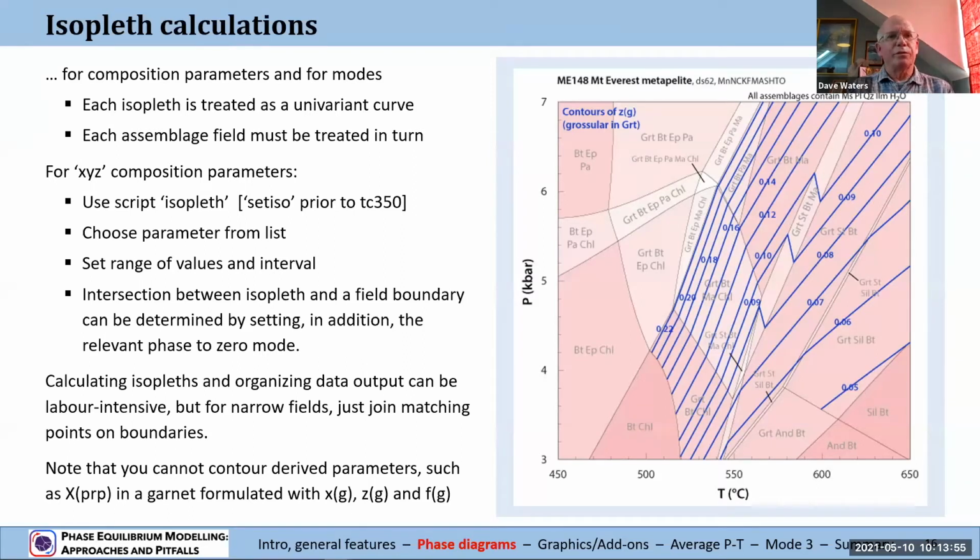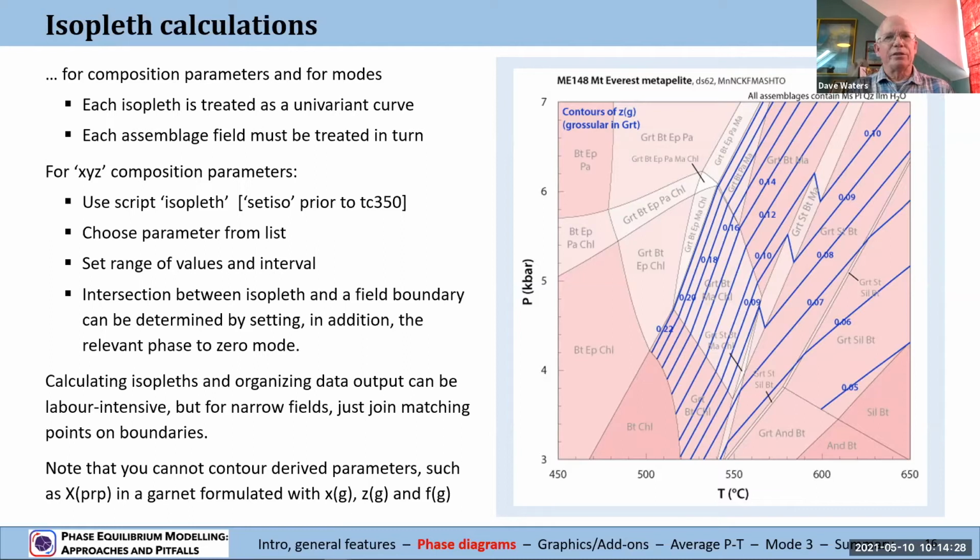Having set that with a script that in the latest versions is called isopleth, in earlier versions it was called set iso. You choose a parameter from a list, set a range of values and interval, and then away you go. And it is possible to calculate the intersections between isopleth and field boundary, which can be determined by setting in addition the relevant phase for that boundary to a zero mode, and it will find the point on that boundary that's relevant.